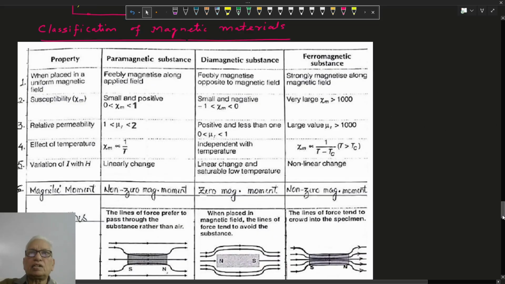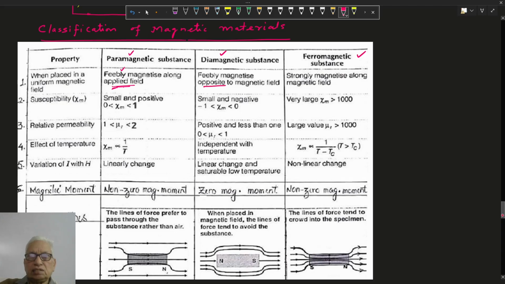Now here is the classification of magnetic materials by properties: the paramagnetic material, the diamagnetic material, and the ferromagnetic material. When placed in a uniform magnetic field, paramagnetic material gets a very small magnetization along the applied field, because it is supporting the external magnetic field, but very little support.